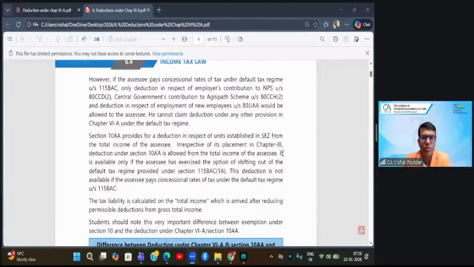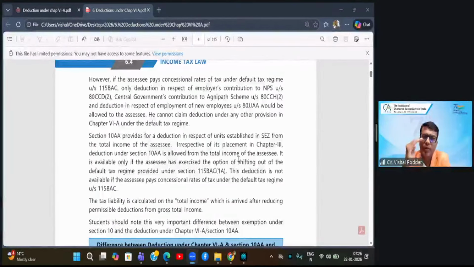So it is also a deduction, though put in chapter 3. This is why this discussion is important. Exemptions are put in section 10, but 10AA is not an exemption, even though it is placed there, it is a deduction. So in fact, it is correctly covered in our module here, though sequence wise it should come in the exemptions chapter. But why is it not put there, why are you studying it over here?